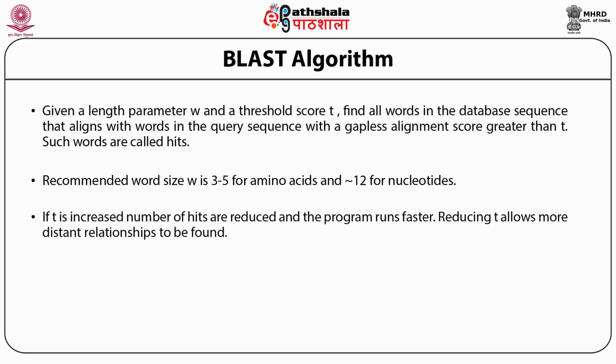So if the threshold alignment score T is increased, the number of hits is of course reduced, and your program runs faster and gives you more specific results. However, if we reduce the T, you can get even distant relationships where the homology is very far away, but the chances of random hits are now much more.